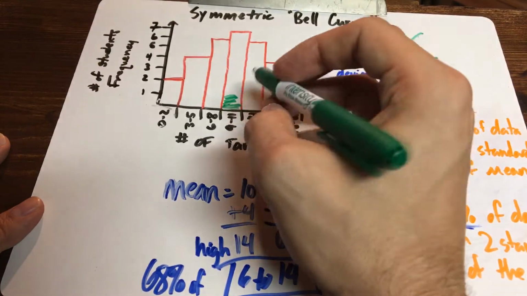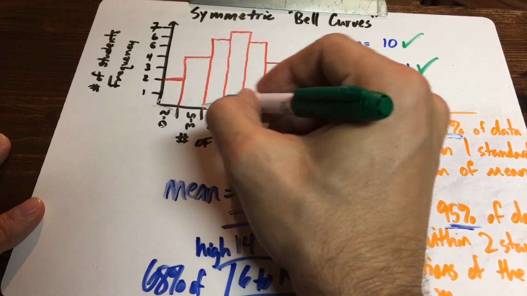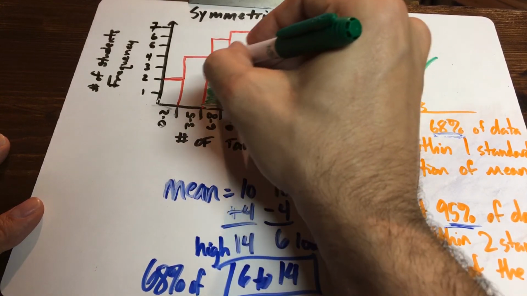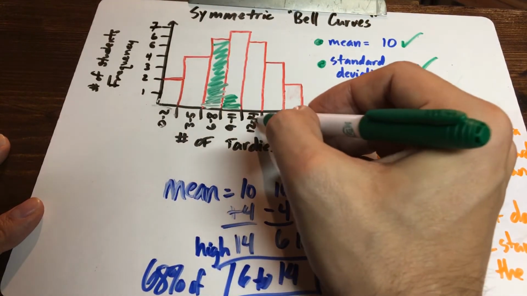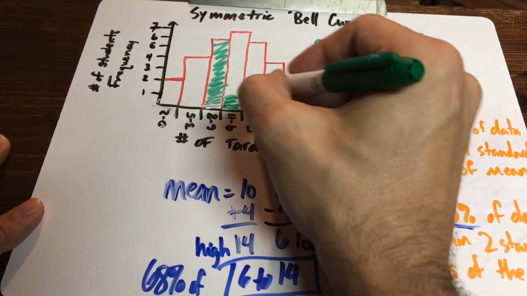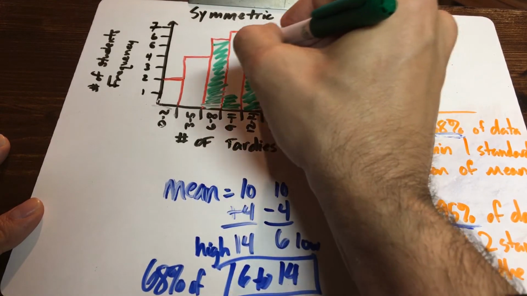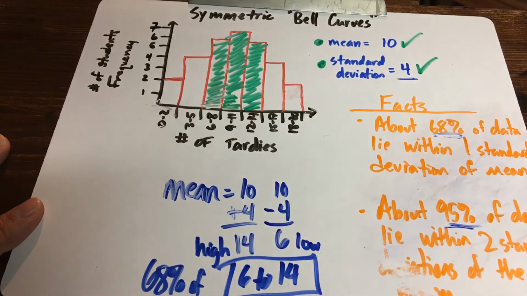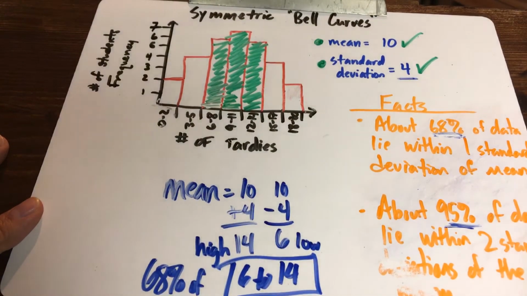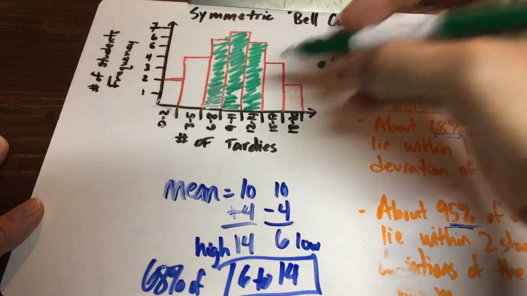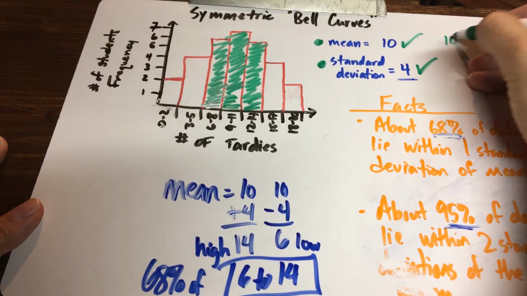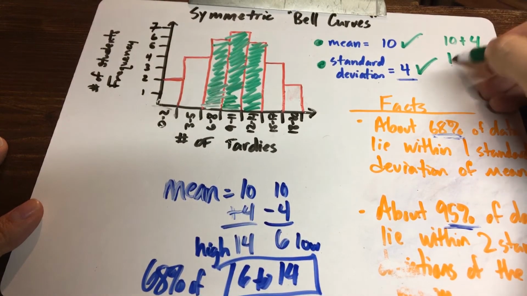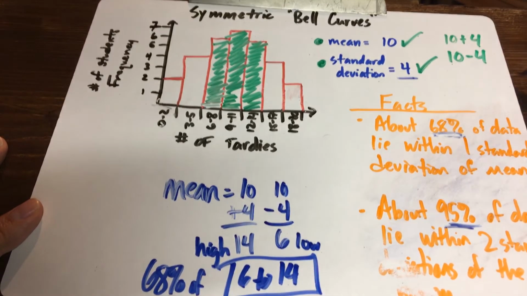And you can see, look, 6 would be right here. That would be this bar. That would be 14, goes all the way up to here. That's 12 to 14. So 68% of our students will be within 1 standard deviation of the mean. They'll either be up to 1 standard deviation above, 10 plus 4, all the way up to 14, or they would be 10 minus 4, as low as 6, right?